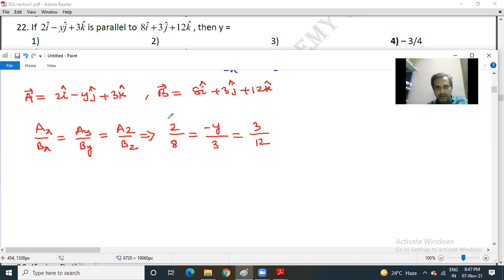So you can compare 1 and 2, or 2 and 3, anything is okay. 2 by 8 is equal to minus y by 3. So this will be 4 times. So you'll get y is equal to, on cross multiplication, minus 3 by 4.